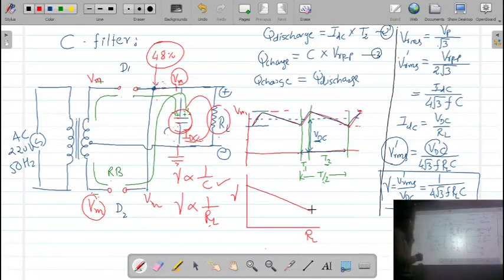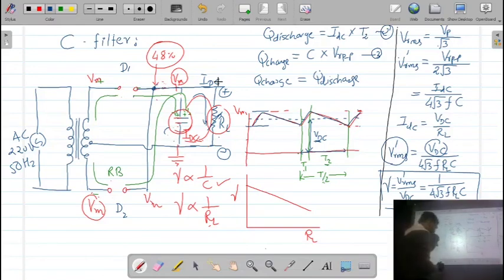Now instead of RL, normally in an experiment we are not measuring the value of the load. Always we measure the value of the current. By changing this RL, your DC current is going to change. Remember, already you know, if the RL is large then the current will be low, and for the lower value of RL the current will be high.